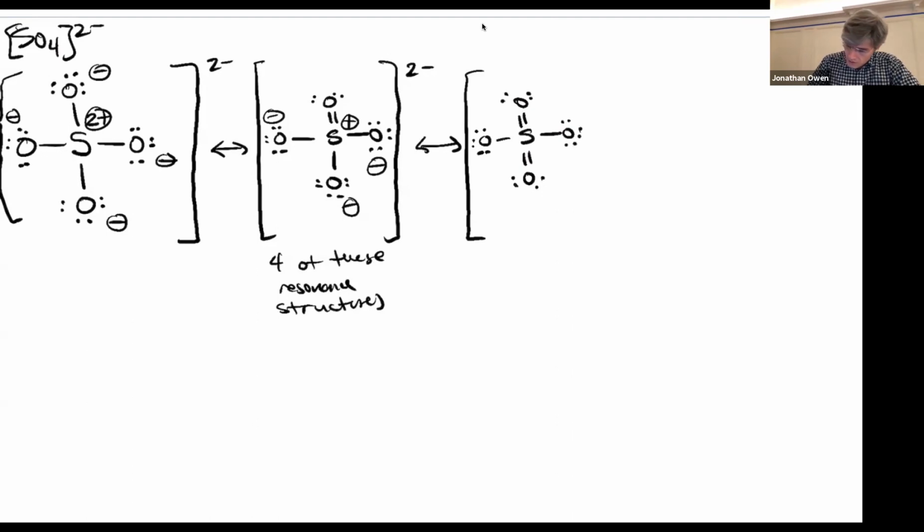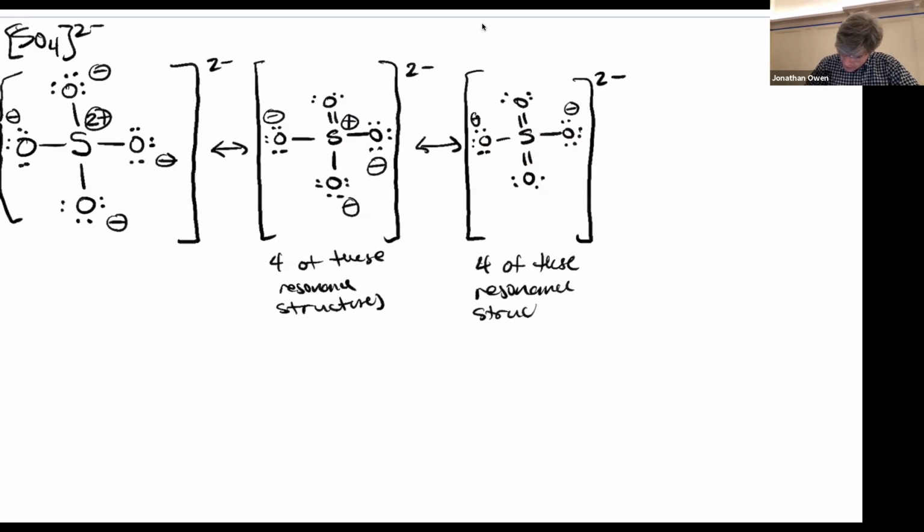So I used a lone pair again to make another bond to sulfur here. These guys still have their negative charges. Now sulfur's plus charge has been neutralized. And we have 2 neutral oxygens, a neutral sulfur, 2 negative charges on the 2 oxygens out there. And we're going to say that there are 4 of these resonance structures.